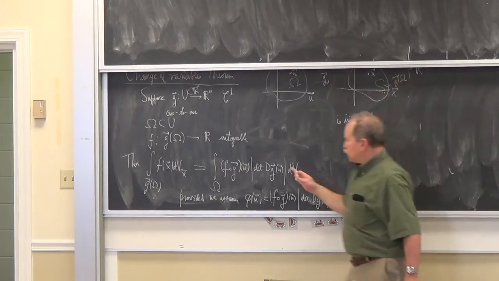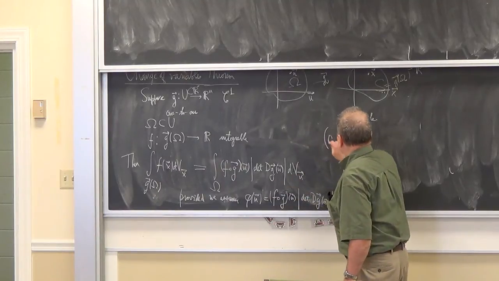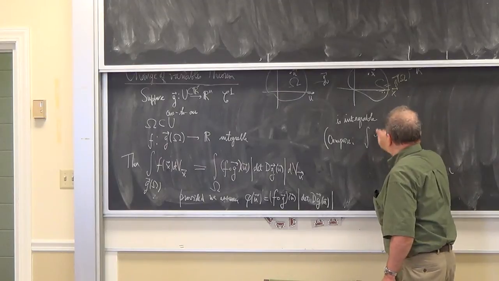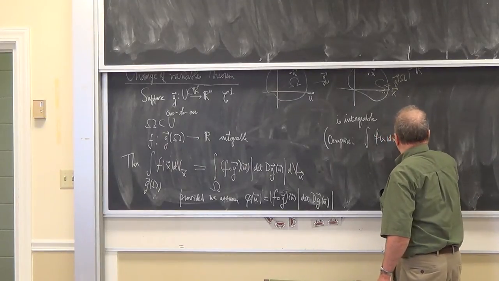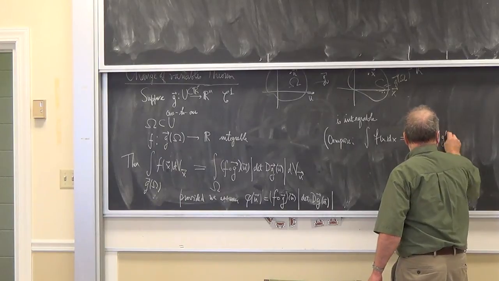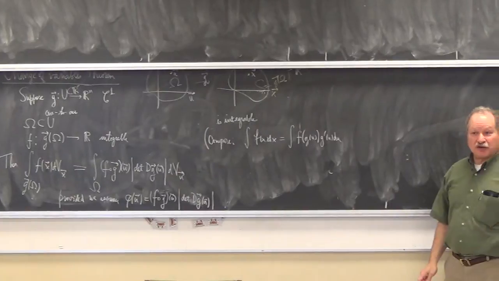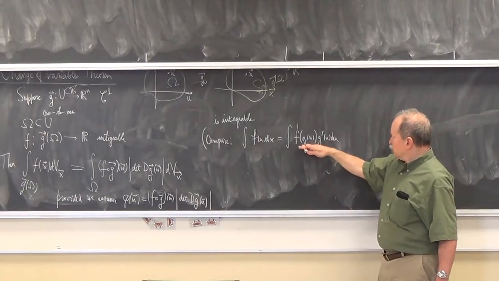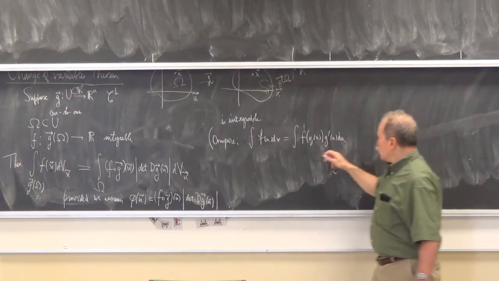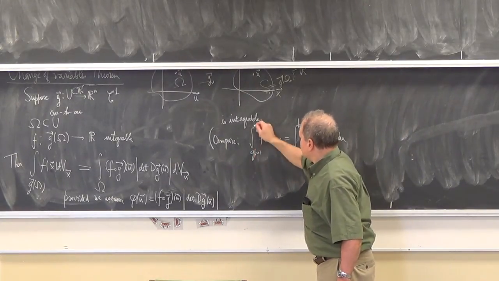And again, this should remind you of just substitutions, where you say integrating f of x dx is the same as making a substitution, back when you did Calc 2 integrals. You let x equal g of u, dx becomes g prime of u du formally. U went from a to b, and x goes from g of a to g of b.